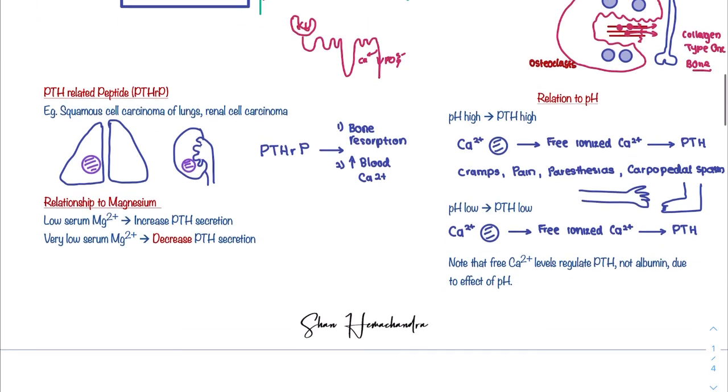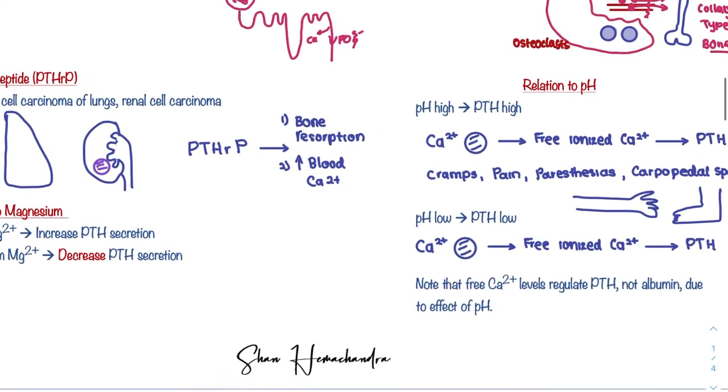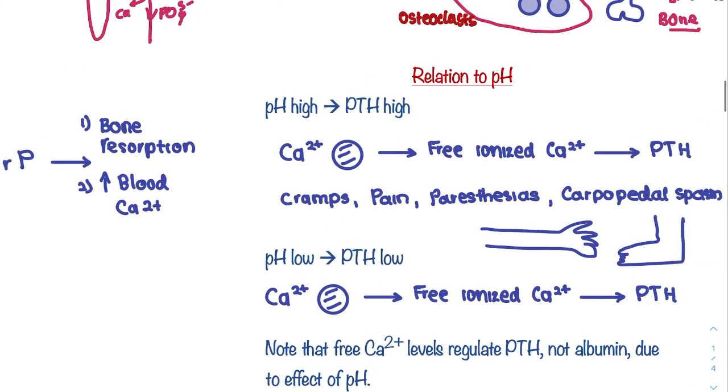Now, let's look at the relationship of parathyroid hormone to pH. So, when the pH is high, there will be an attraction. That means this is more basic. So, in basic conditions, the albumin loves to bind with the calcium.